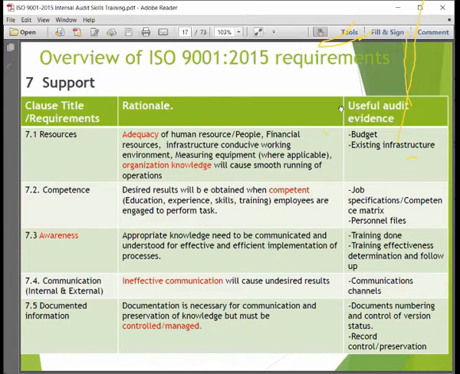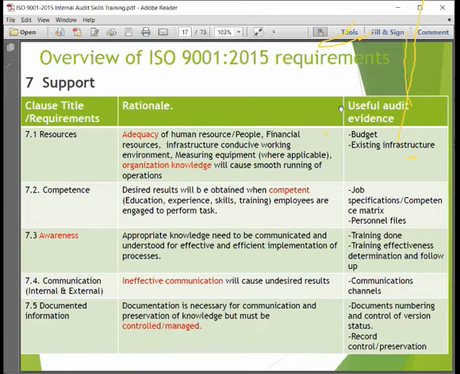Some of these things you'll find in the HR process. Personnel files: can we see the certificates of this person to show that they have been trained and are competent for the job? It is important. We need to have people who are competent. If they are not, no problem. We are not punishing you, but let's see the program for closing that gap of competence.